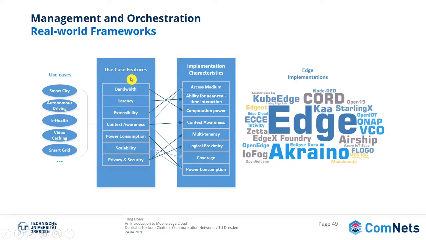For example, in order to provide the bandwidth, we need to consider whether the MEC server has enough computation resources. And for the latencies, the MEC needs to determine whether it has the ability for real-time interaction. So it depends on the distance between the MEC and the mobile devices. There's also the mapping for other features, as you can see here.